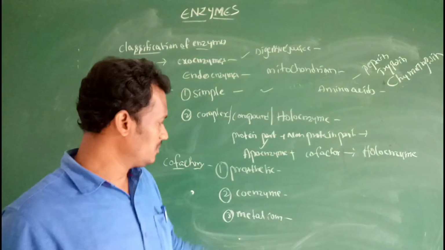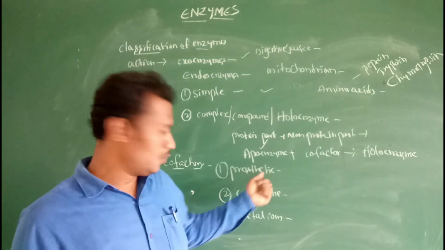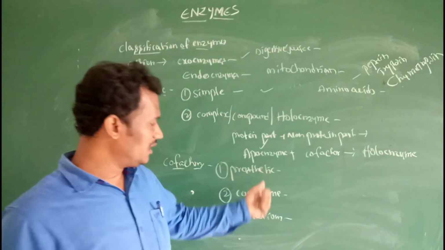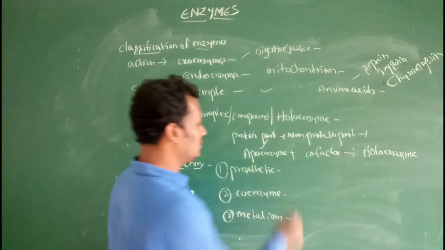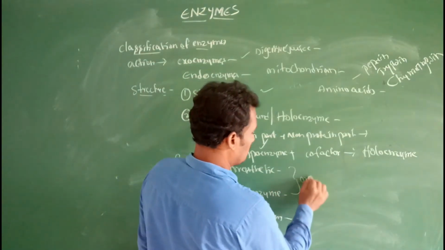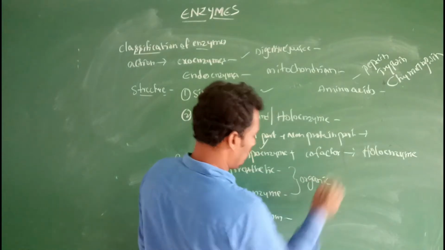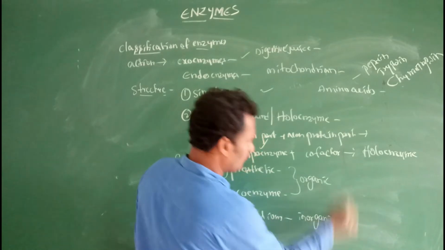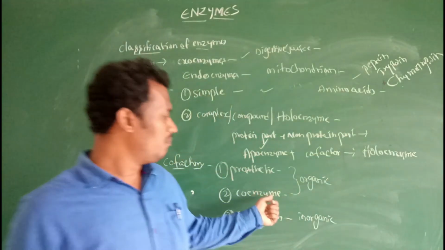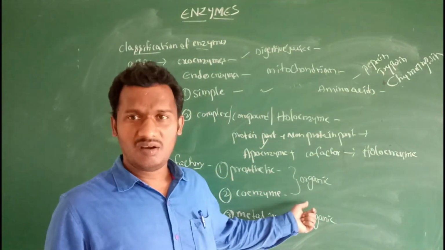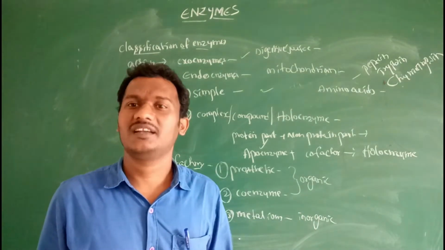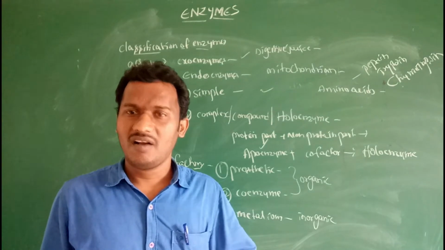Prosthetic group and coenzyme both are organic in nature, while metal ions are inorganic, that means salts, mineral ions.